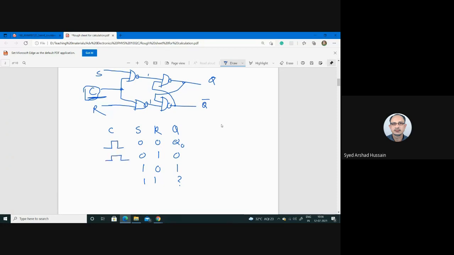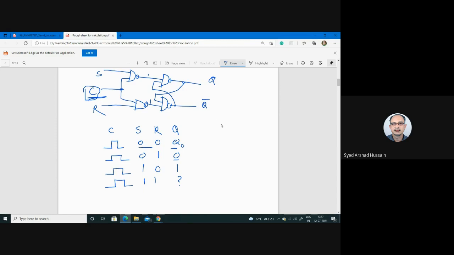This is valid. So this function table, 0 0 no change, 0 1 0, these things will be effective or functional as long as your clock pulse is high.